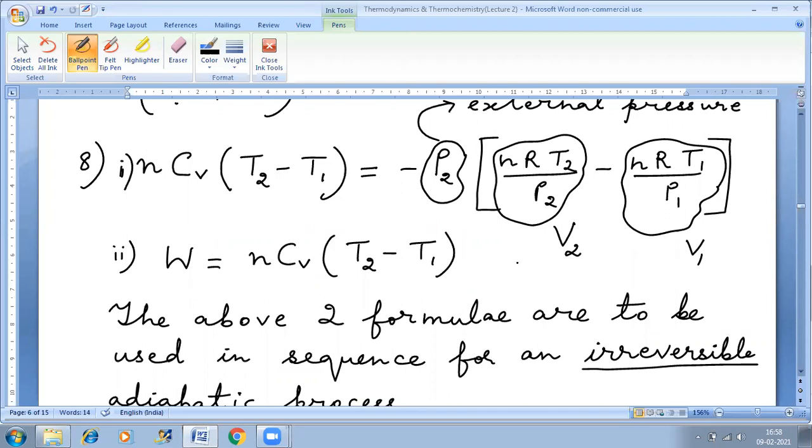Now nRT2 upon P2, this entire thing is nothing but V2 according to the ideal gas equation. The ideal gas equation is PV is equal to nRT. So if I want to find out the value of V2, the final volume, then V2 is equal to nRT2 upon P2. Similarly, V1 will be nRT1 upon P1. n is the number of moles of the gas.